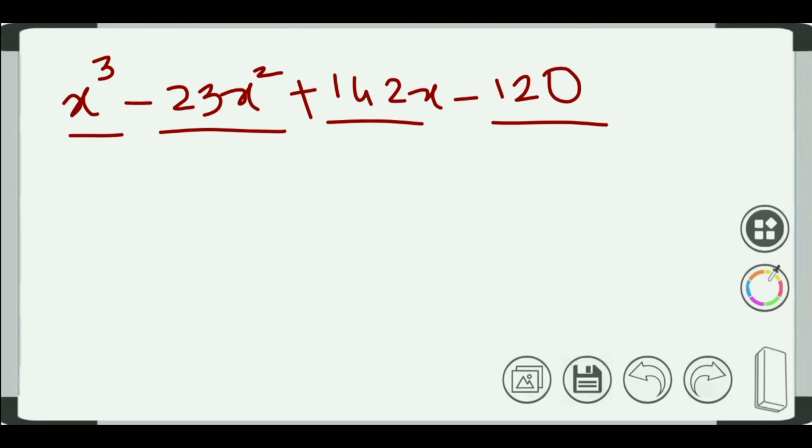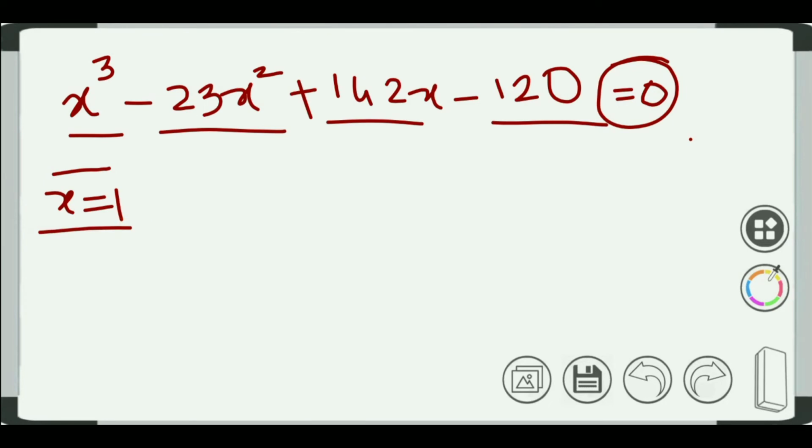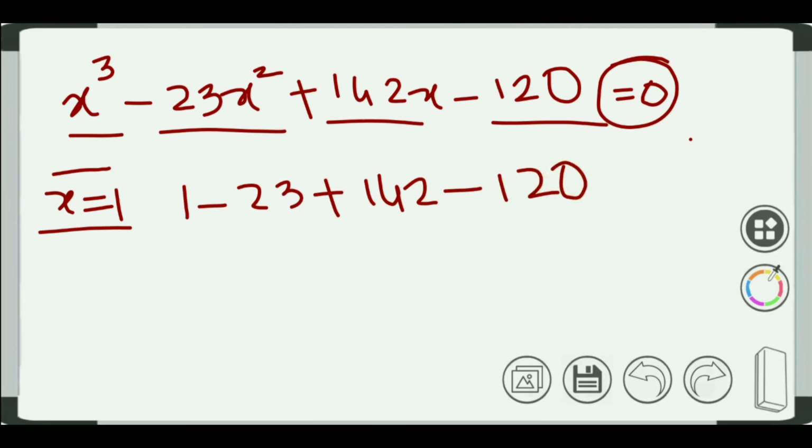First of all, you will check by putting x equal to 1 whether the polynomial becomes 0 or not. So I am putting x as 1. So 1 minus 23 plus 142 minus 120, and I am checking whether this is 0 or not. 1 minus 23 is minus 22, plus 142, then 120 minus 120 equal to 0.